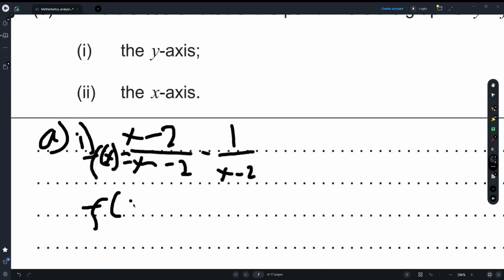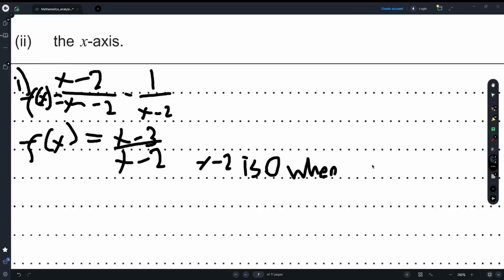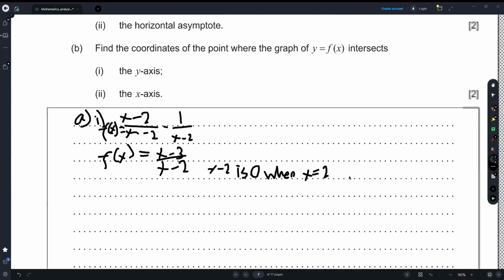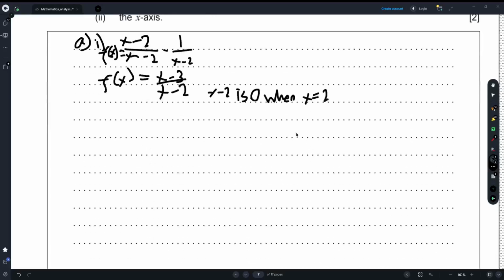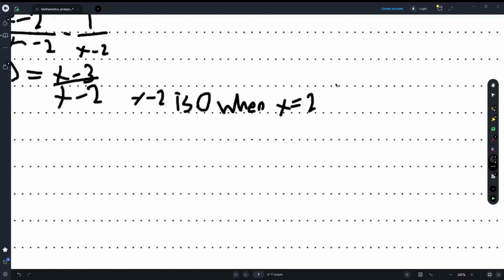But so we just get f of x equals x minus 2 minus 1, so we just get x minus 3 over x minus 2. And it's pretty clear that x minus 2 is 0 when x equals 2. So this is the vertical asymptote. They want us to find the equation, so yeah, x equals 2.